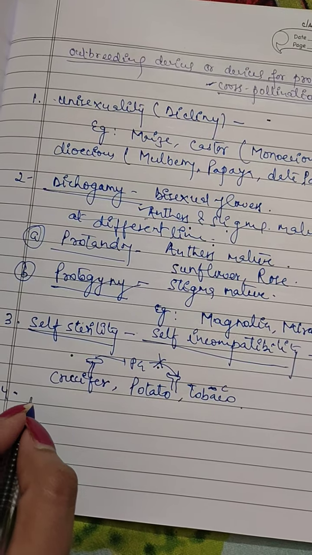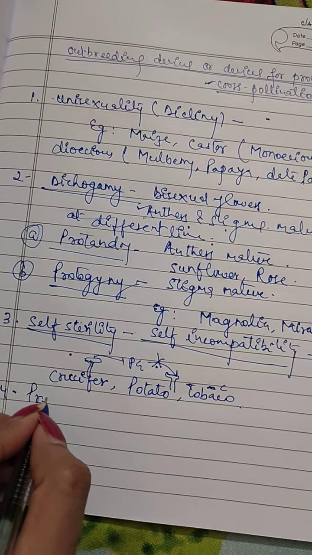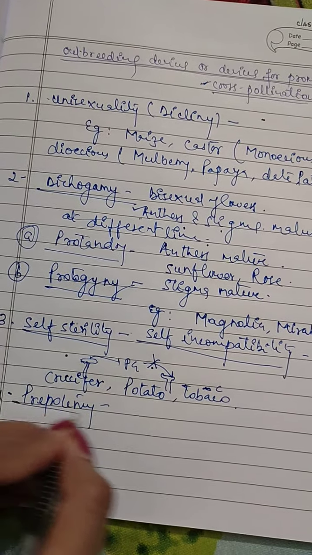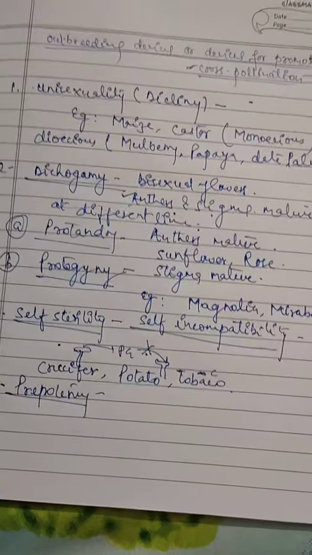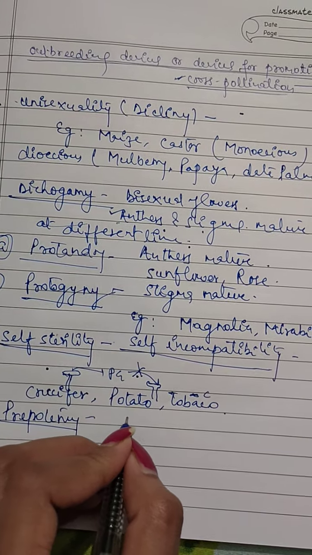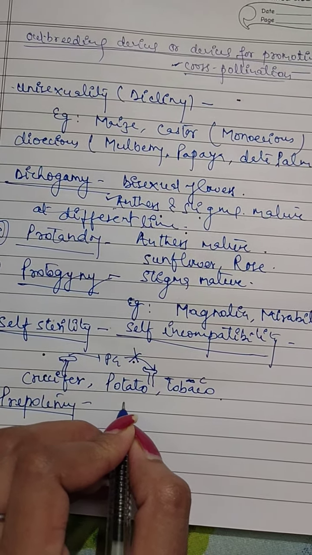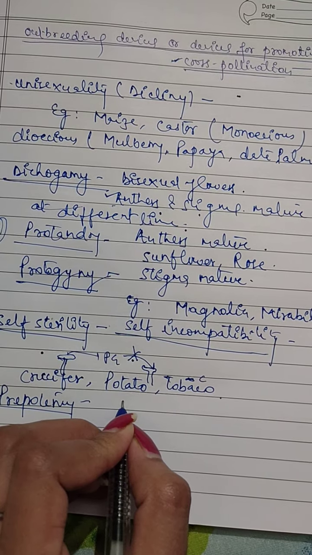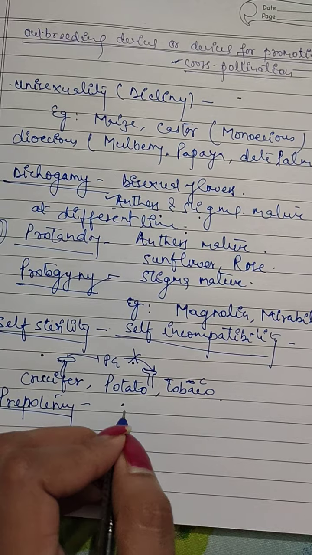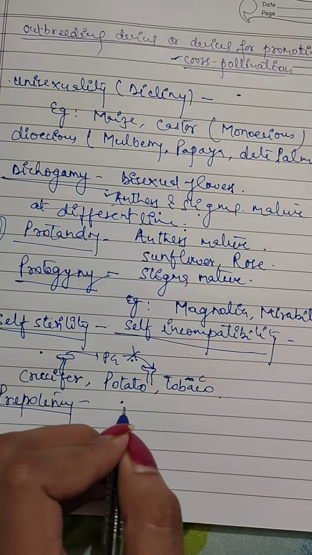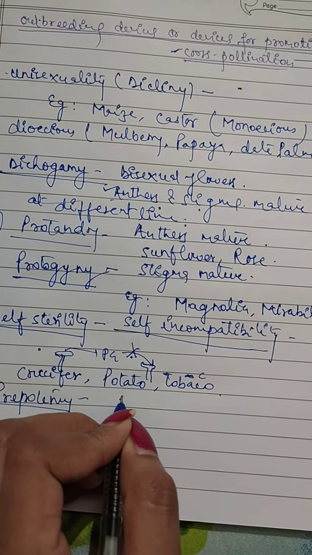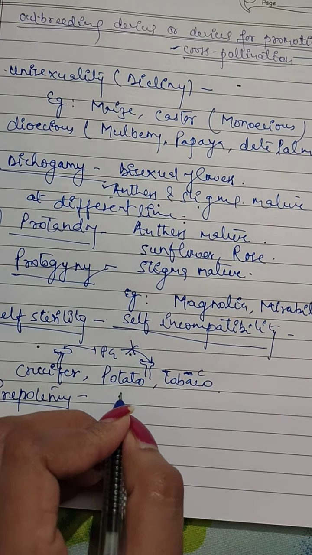And the fourth one is prepotency. Pollen grains of one flower grow more rapidly over the stigma of another flower as compared to the same flower.